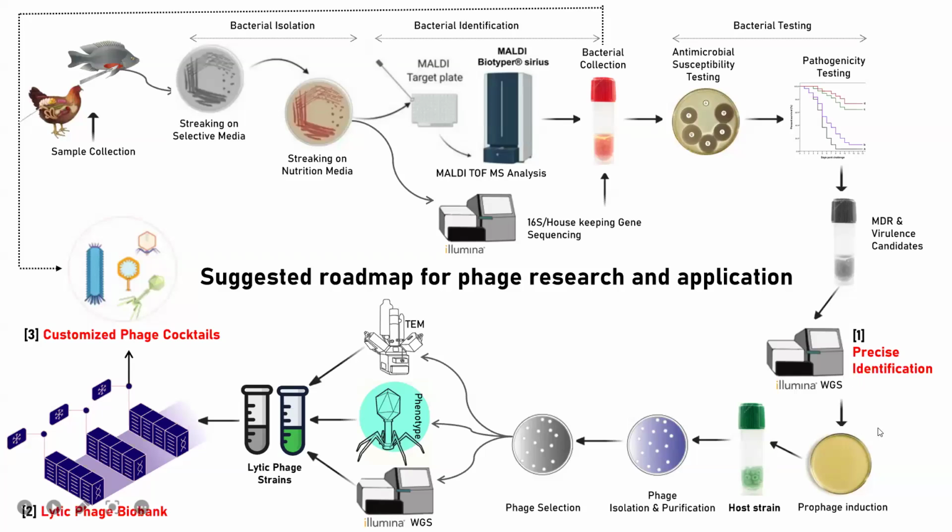As I mentioned before, we would like to focus on lytic bacteriophage. That means the bacteriophage can infect and then kill bacteria. So if you would like to isolate the lytic bacteriophage, we have to check that the bacterial host does not contain prophage inside. Prophage means the lysogenic bacteriophage.